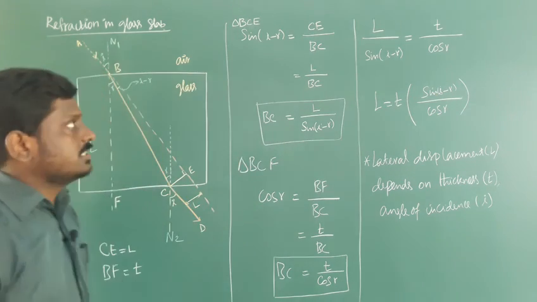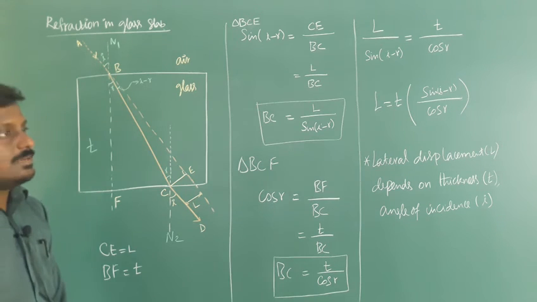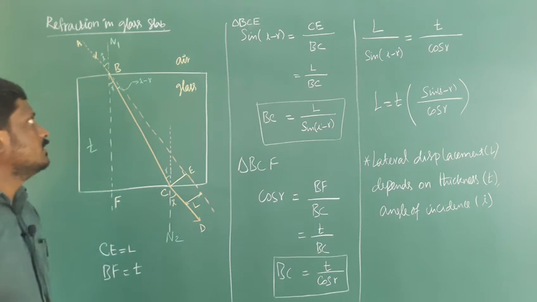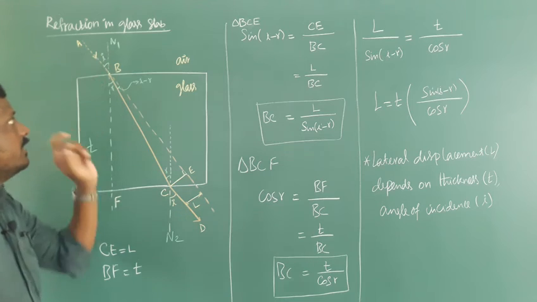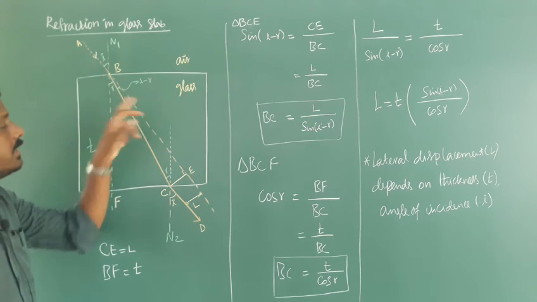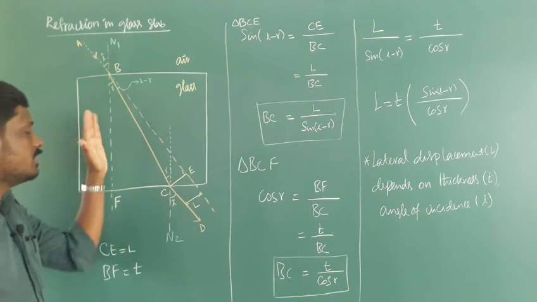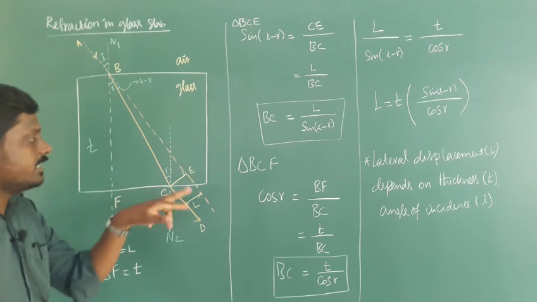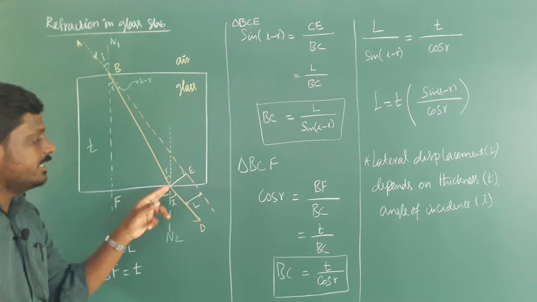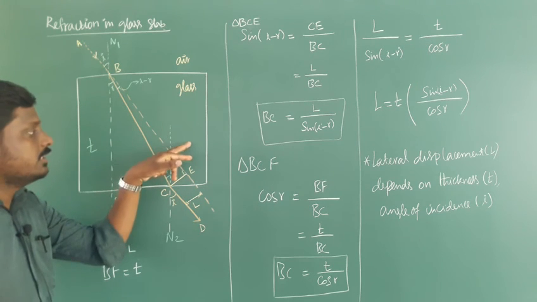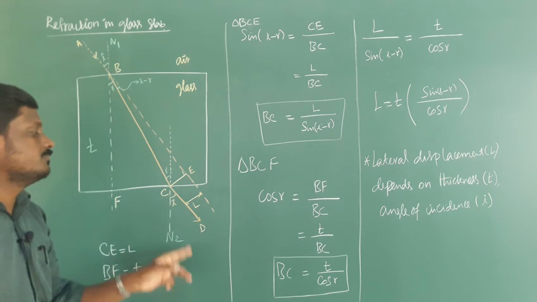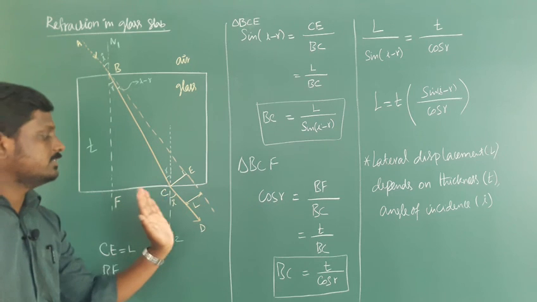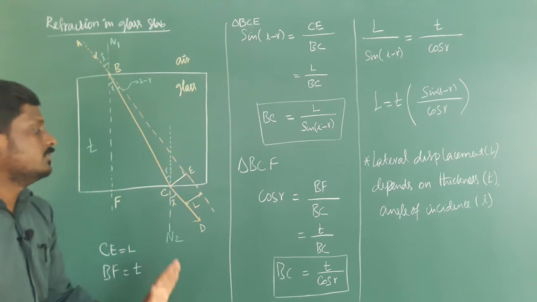In this class we have discussed refraction in a glass slab. There are two refractions. The refraction at the point B is from rarer to denser, so the refracted ray is towards the normal. Then the refracted ray becomes the incident ray at the point C, and it is refracted from denser to rarer, so the refracted ray deviates away from the normal.